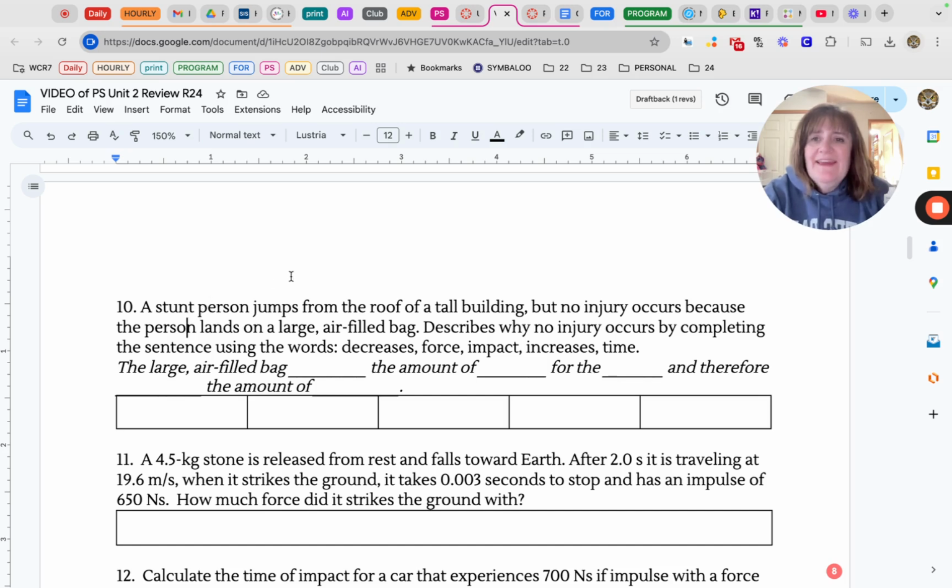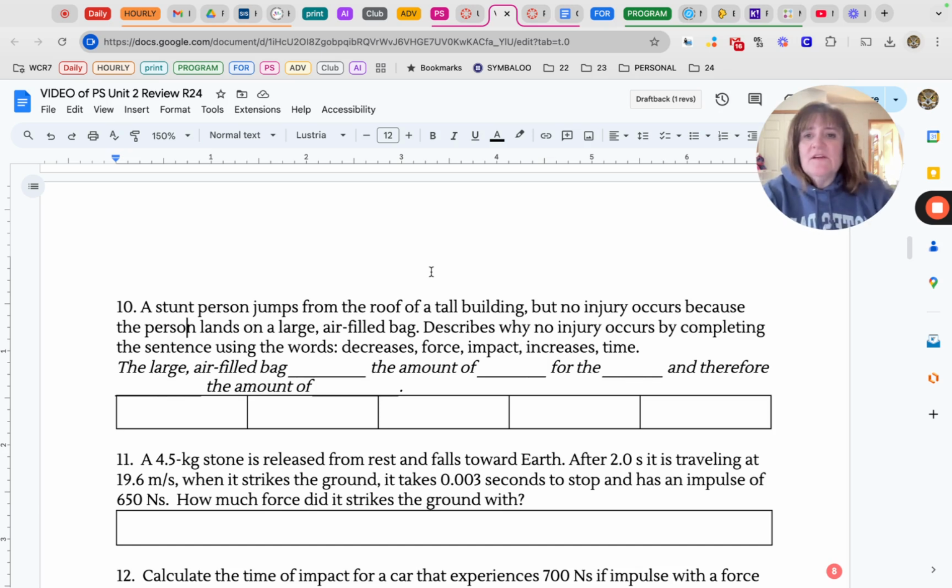Number 10. A stunt person jumps from the roof of a building, but no injury occurs because the person lands on a large air-filled bag. Describe why no injury occurs by completing the sentence using the words decreases, force, impact, increases, and time.